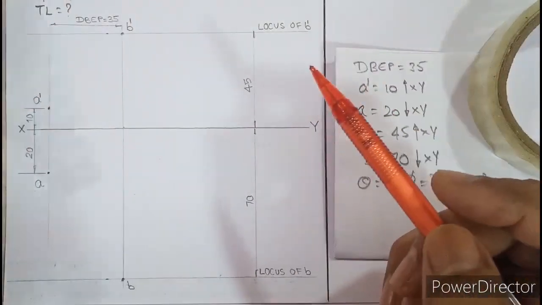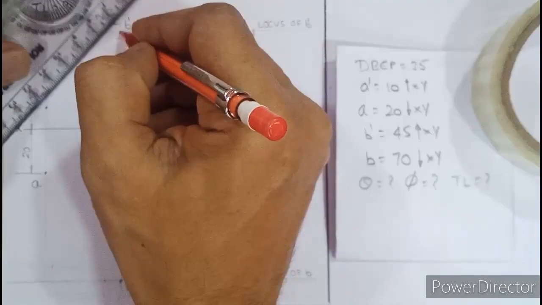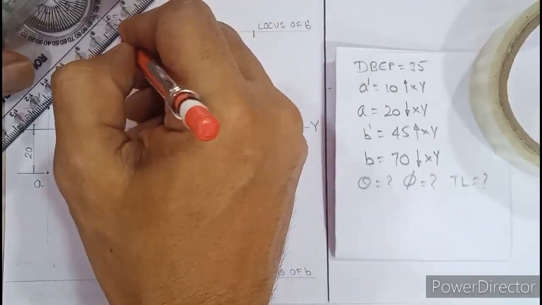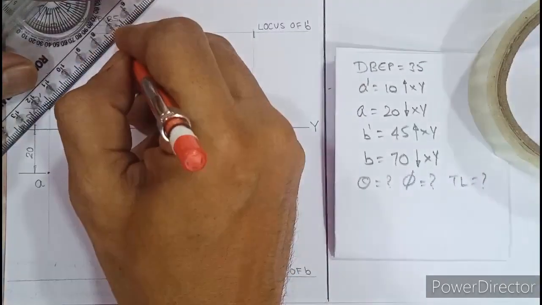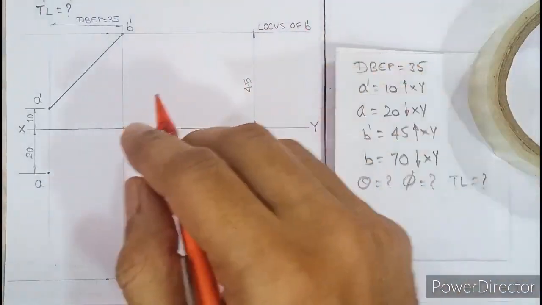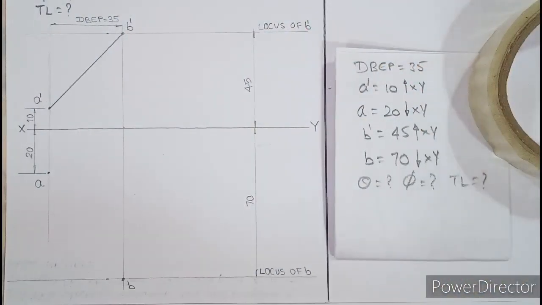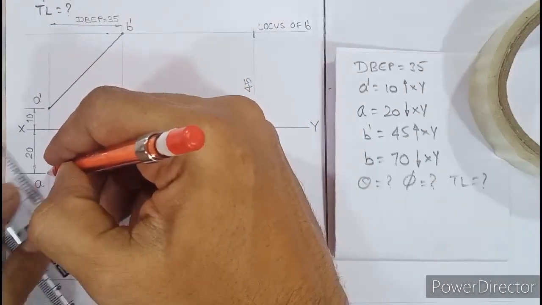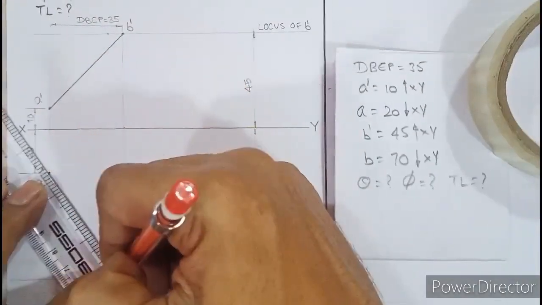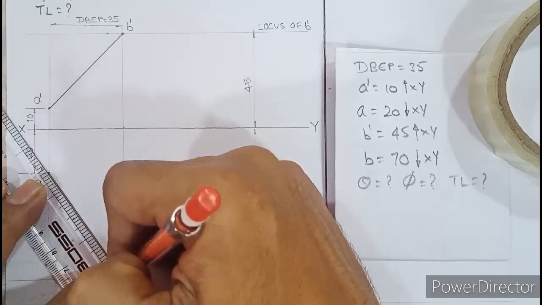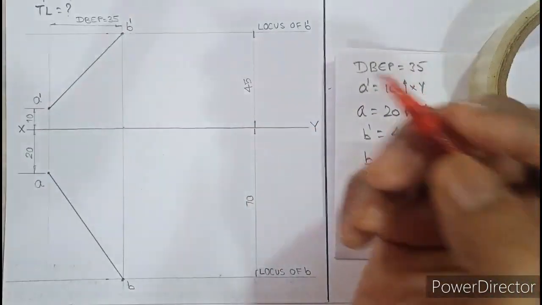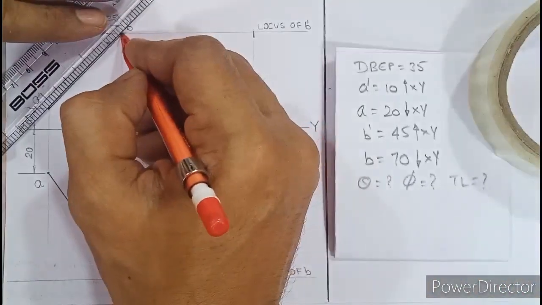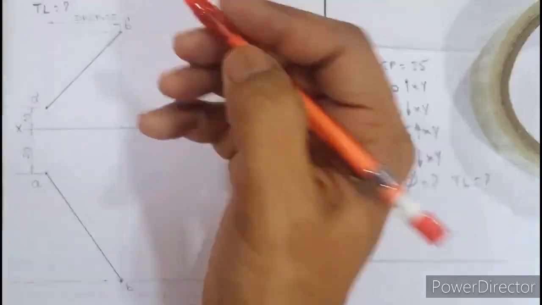So you have to double trace A dash B dash and make this darker. And even here, we need to double trace A and B and draw this dark. Remember, double tracing is important to make a line darker.